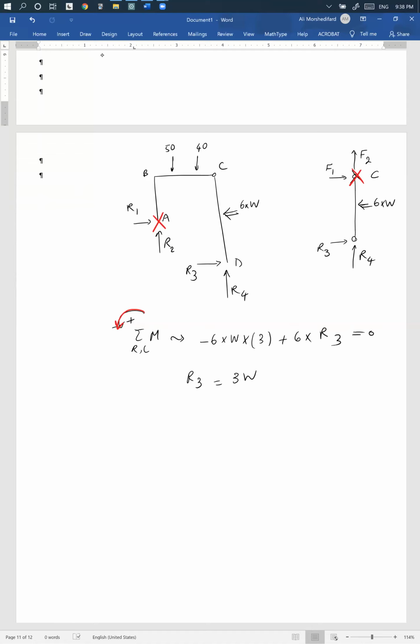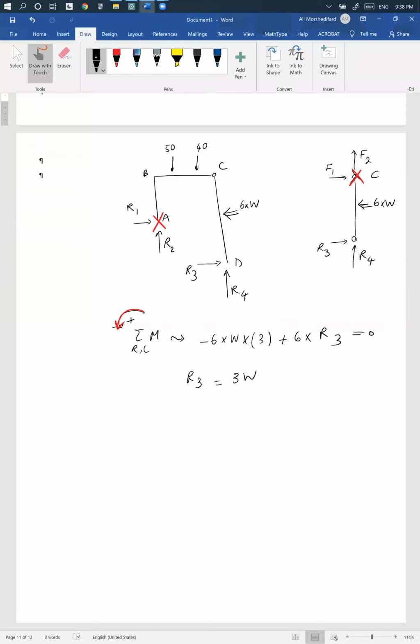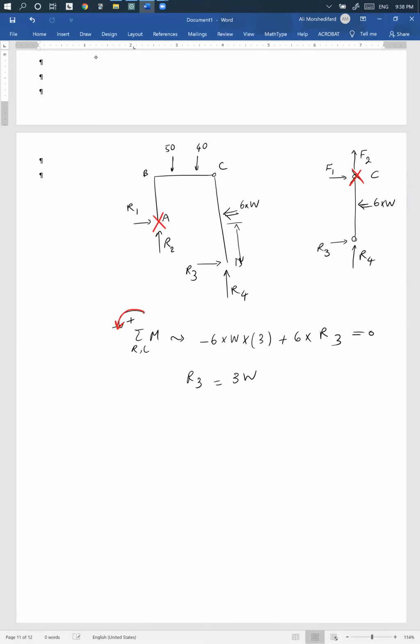So let's see. If I take the moment about this point, this distance is 2, right? I mean by this distance to here, right? And this distance is 1, right? So sigma M over A is gonna be a bit long.